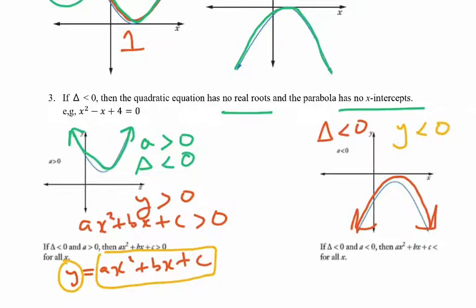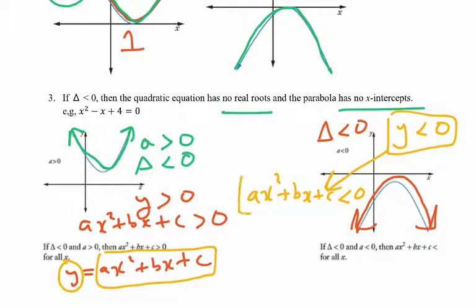Now again, because we know that y is equal to ax squared plus bx plus c, instead of writing this, we could write this: ax squared plus bx plus c is less than 0. So this part here that I'm circling is just saying that the y values of a concave down parabola with a negative discriminant are always less than 0.